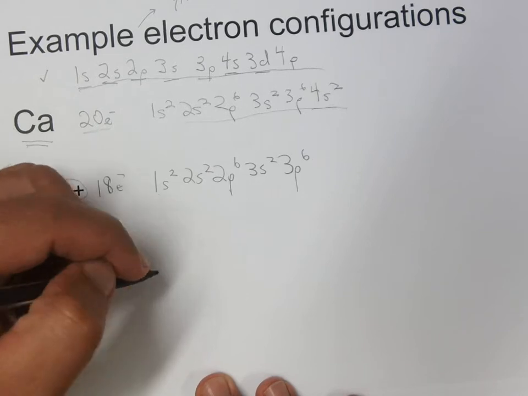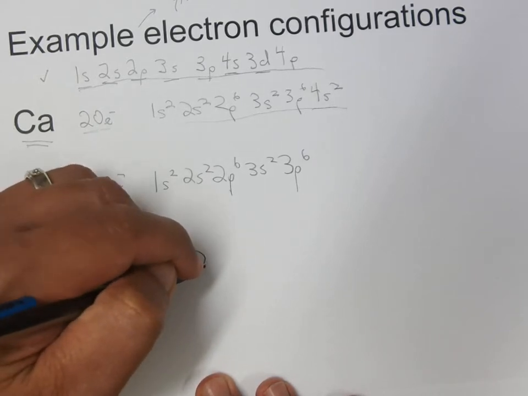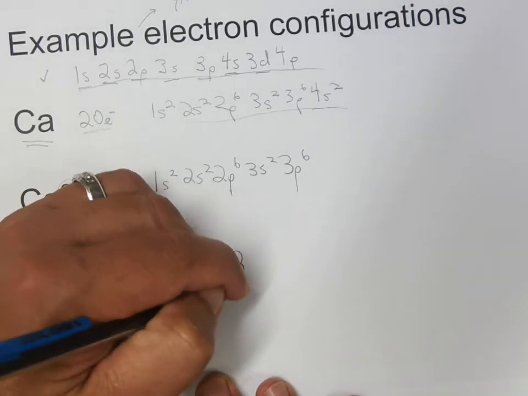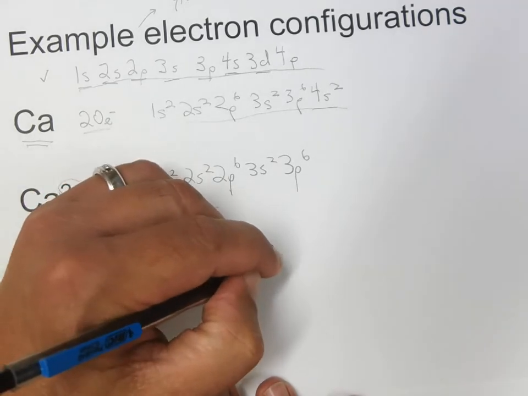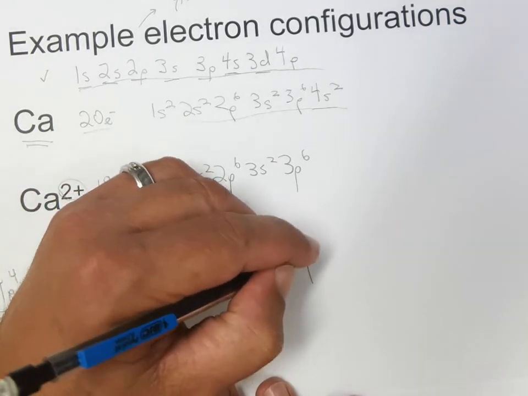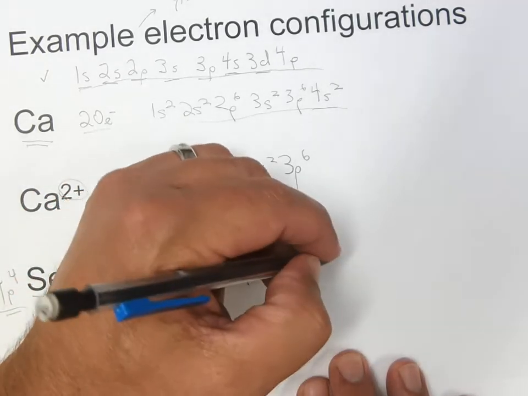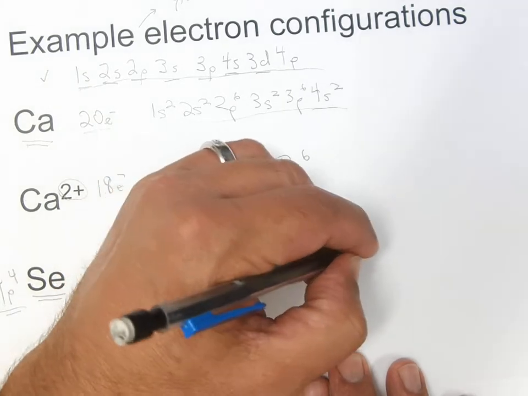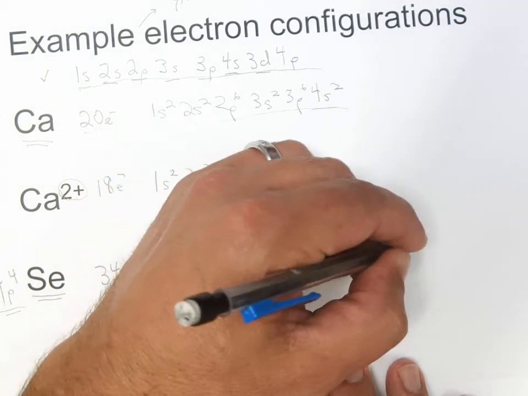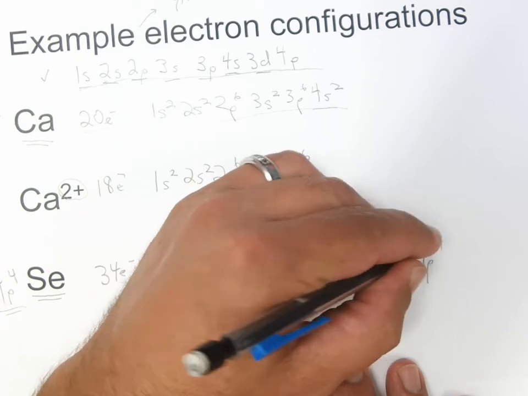So I go ahead and fill out 1s2, 2s2, 2p6, 3s2, 3p6, right? 4s2, 3d10, 4p4.